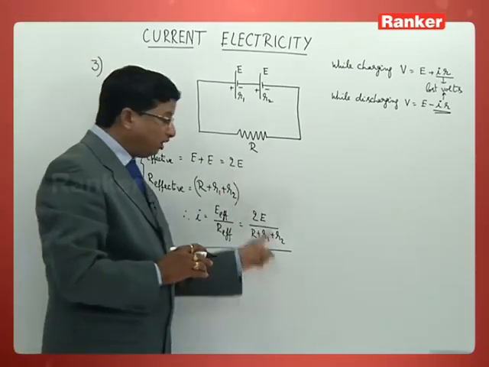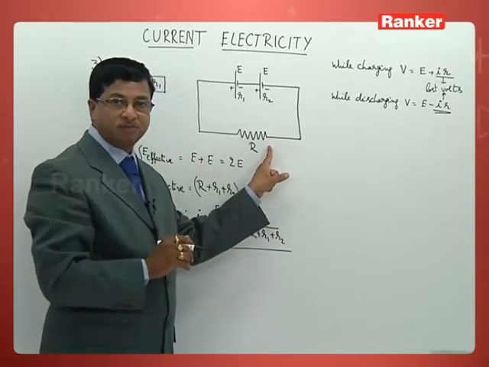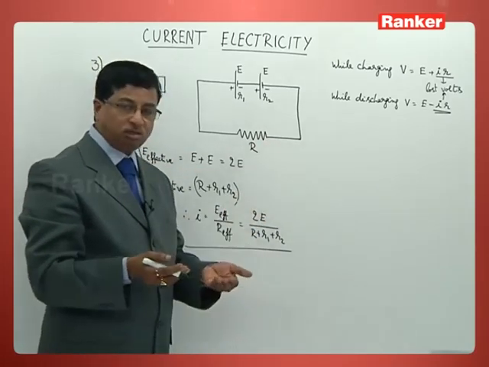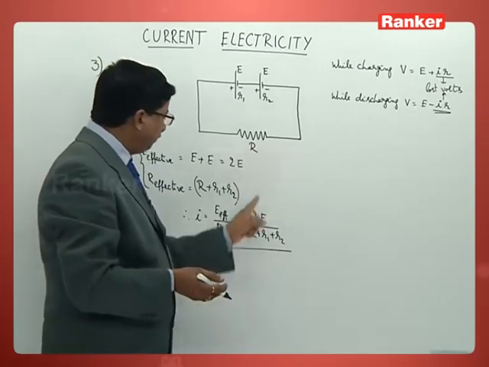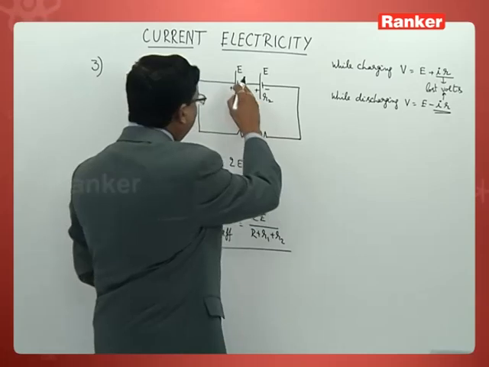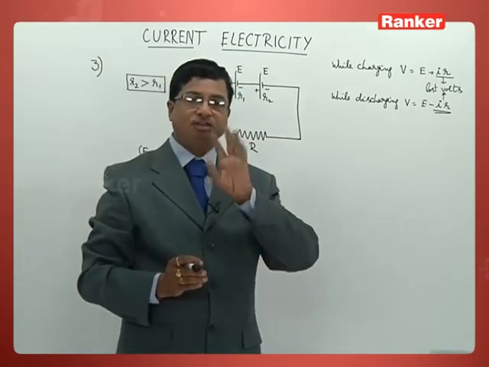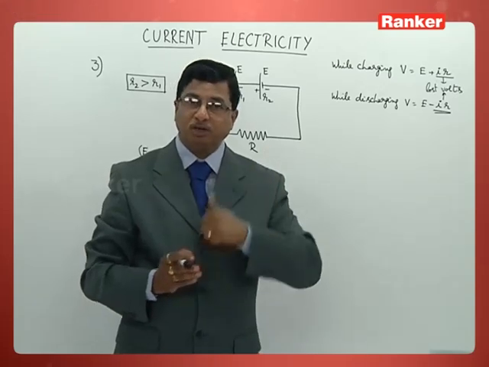That is the total current passing through the entire system. That is the total current which is passing through the external resistance. So whichever thing you take, it is the same; current is the same. Now the question is, is the cell discharging or charging? We have to understand that point.